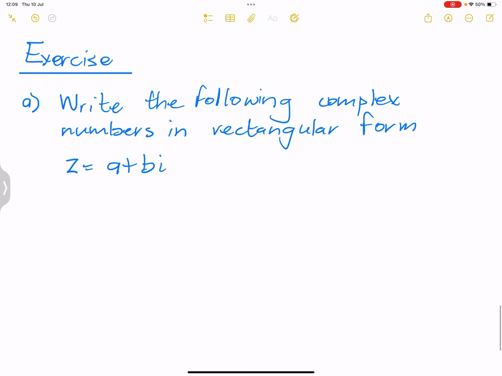If we're given in polar form 2 into cos 45 plus i sine 45.